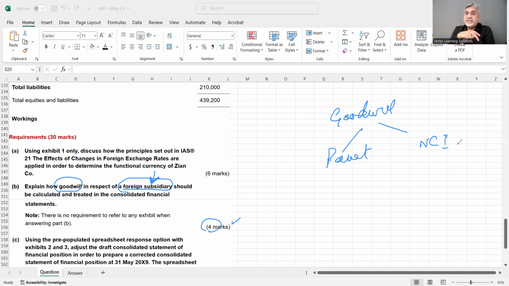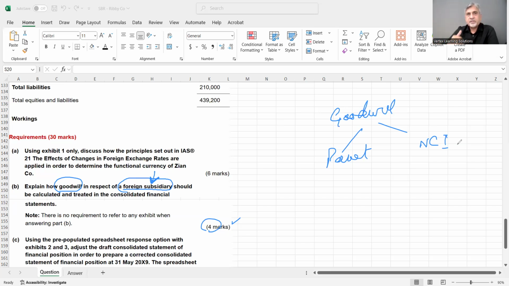In case the non-controlling interest is measured at the proportionate share of net assets, then the NCI is not allocated any goodwill, and the entire goodwill belongs to the parent. Therefore any gains and losses on the translation of goodwill should be charged to the parent only, because NCI has got nothing to do with the goodwill.